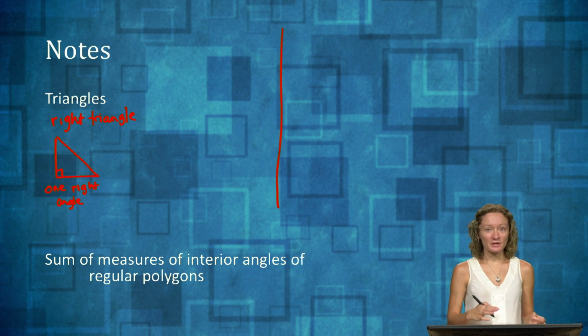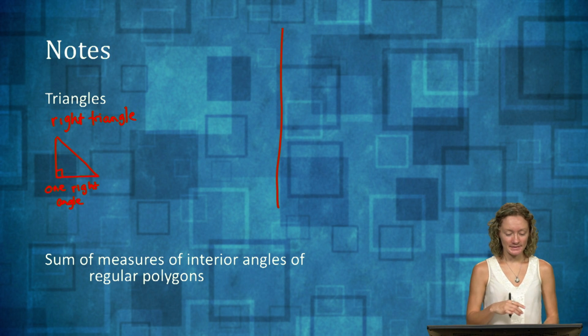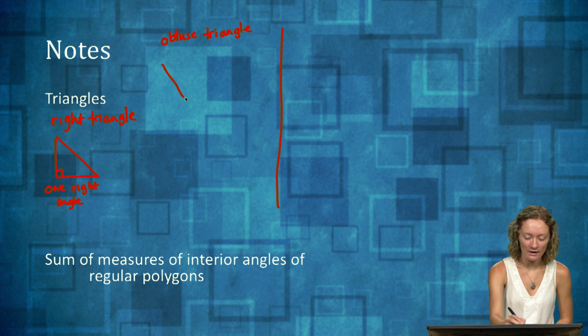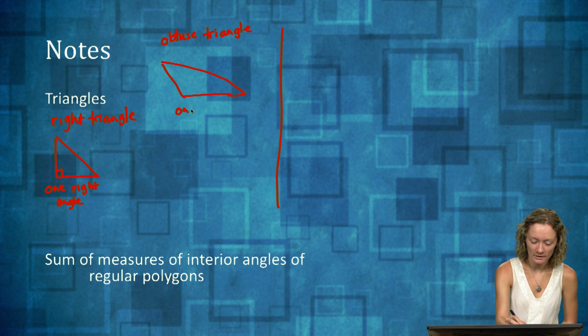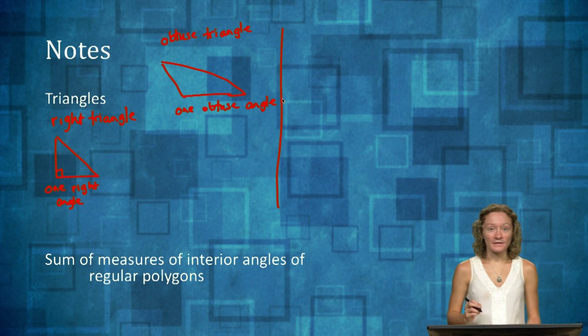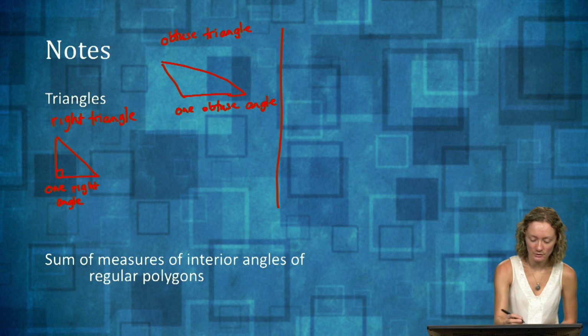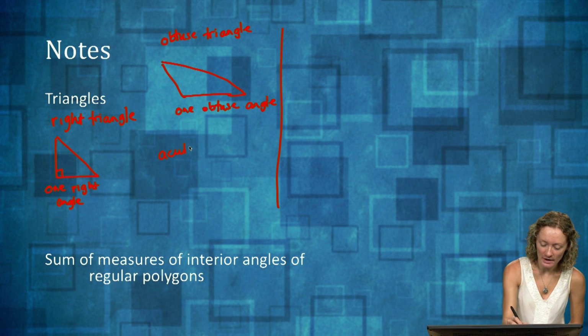The other two ways we could classify a triangle based on its angles: we could have an obtuse triangle. In an obtuse triangle, we have one obtuse angle. And then the last way we can classify a triangle based on its angles would be an acute triangle.